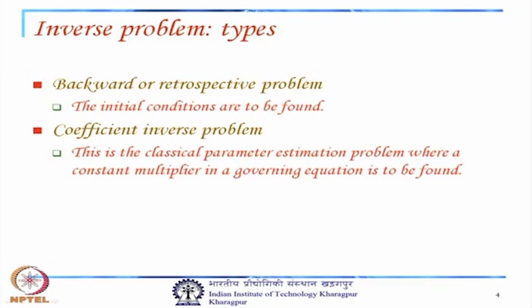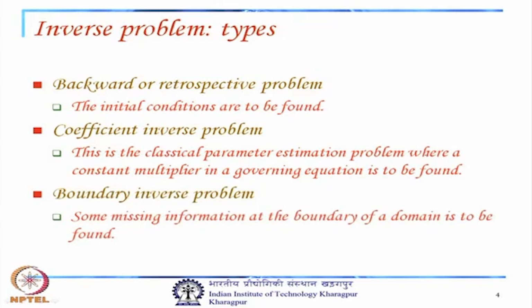In this one, classical parameter estimation problem, where a constant multiplier in the governing equation is to be found out, and boundary inverse problem, some missing information at the boundary of a domain is to be found out. So, our problem is basically backward or retrospective problem.